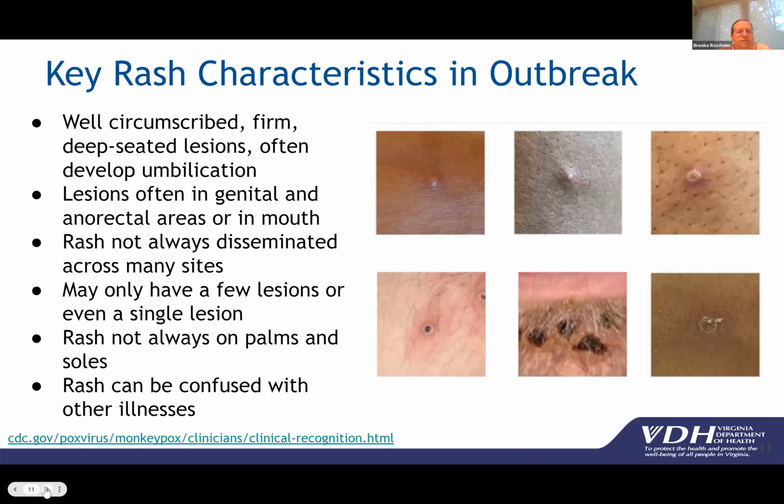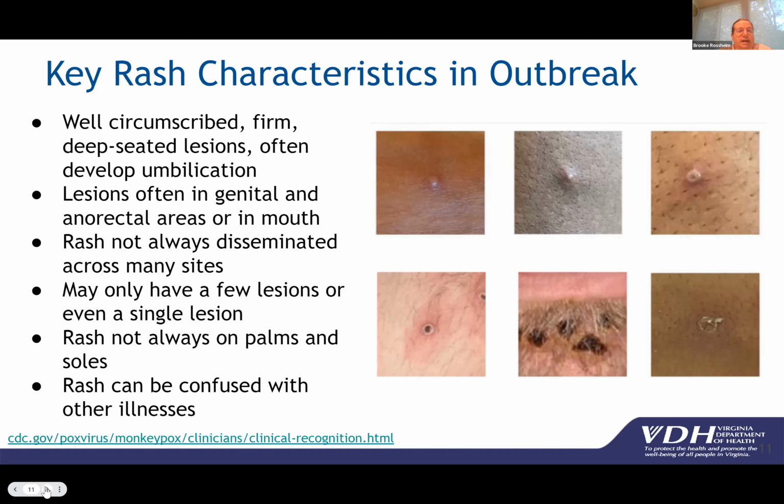As far as the rash characteristics, you'll see the monkeypox rash described as well circumscribed, firm, deep-seated lesions. These lesions often will develop umbilication, and that may be one tip-off that you're dealing with monkeypox. The lesions are often in the genital and anorectal areas or the mouth.